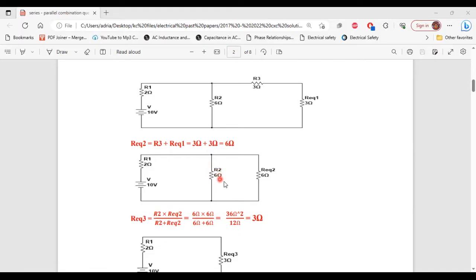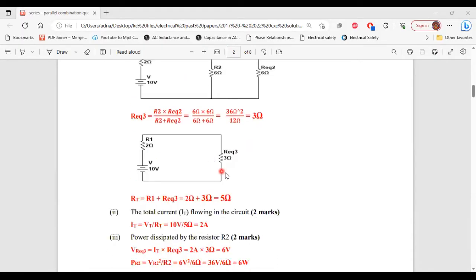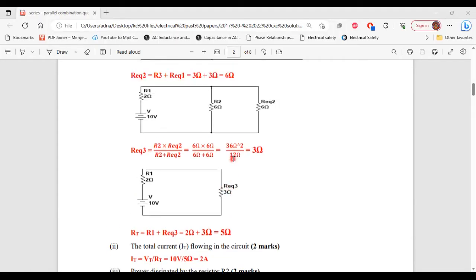To determine that, we're going to calculate the voltage drop across Req3, because Req3 is the equivalent resistor for R2 and Req2. So once I have the voltage drop for Req3, I now have the voltage drop for R2 and Req2.